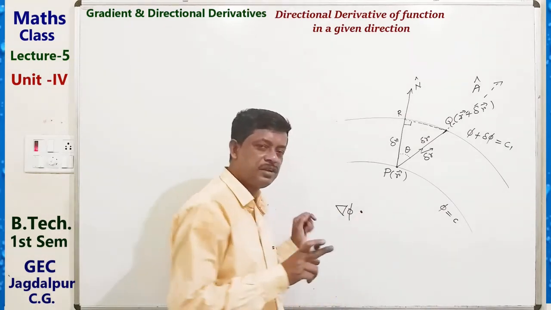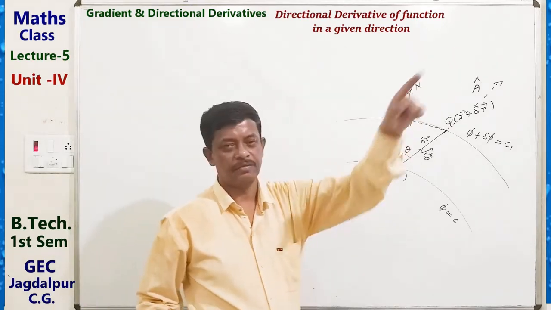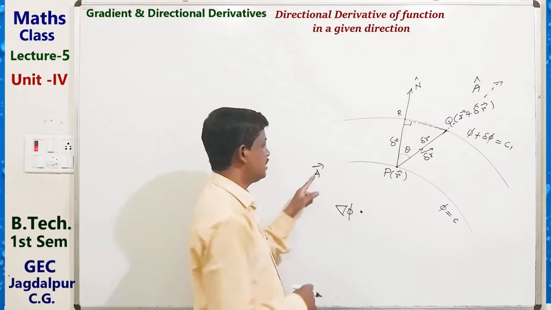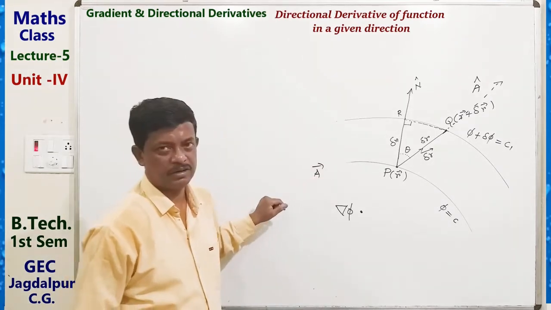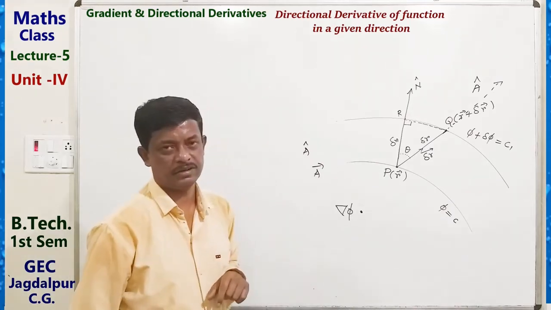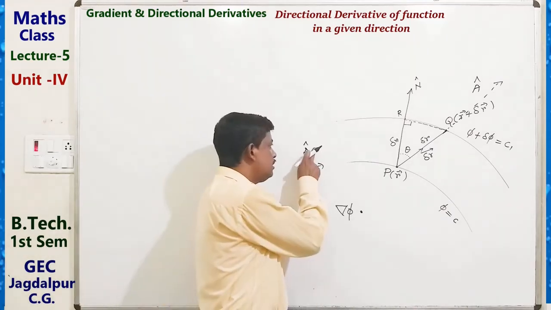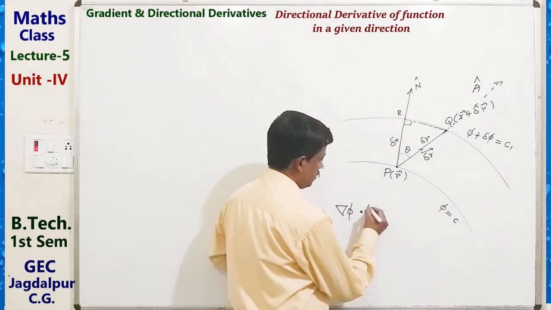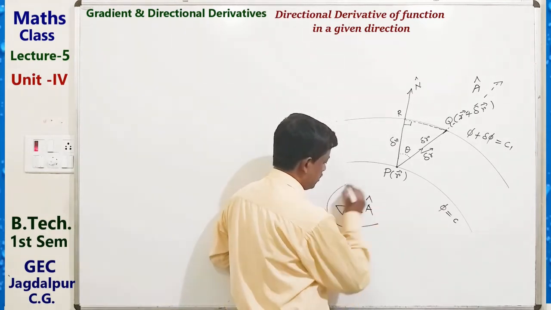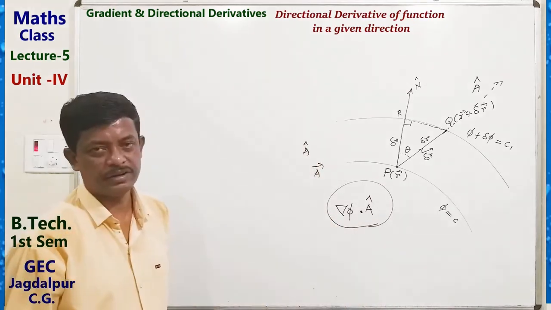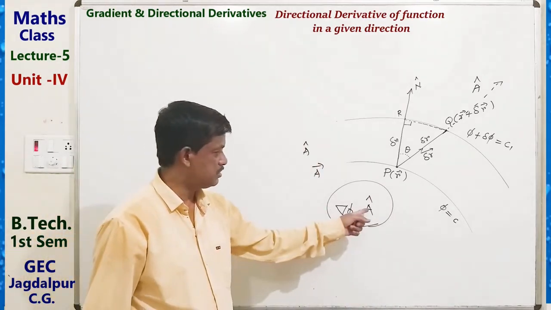Suppose there is a vector a. In the direction of this vector, a cap, the unit vector. So in this direction, if we find its component, this is the component of this vector in this direction.